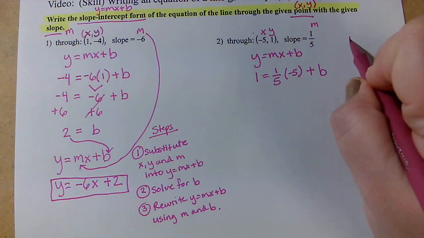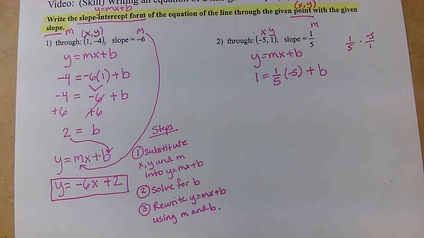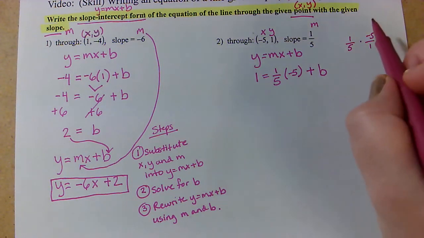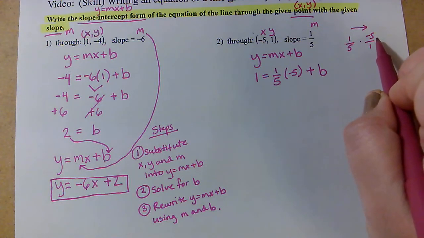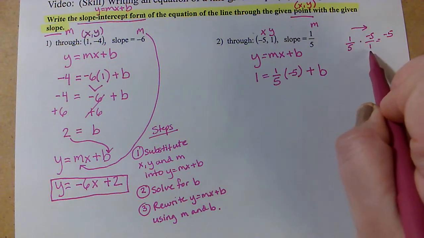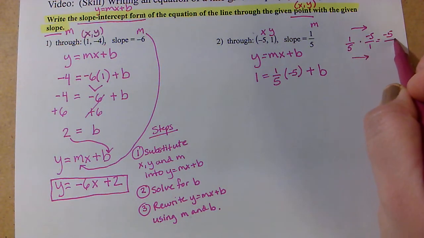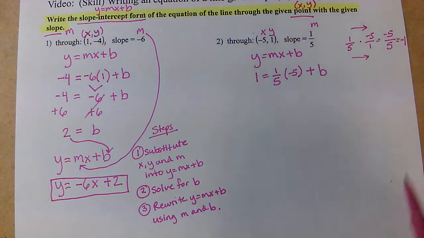What we're doing is 1/5 times -5, which is really -5 over 1. So when I go to do multiplication in this way, I multiply straight across. So 1 times -5 is -5. 5 times 1 is 5. -5 divided by +5 is going to equal -1.